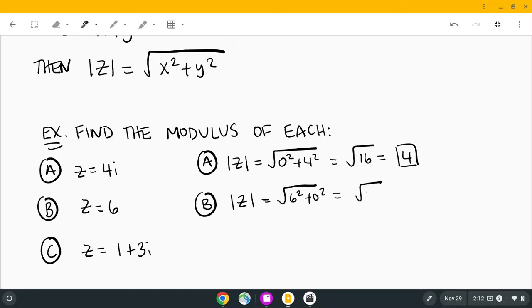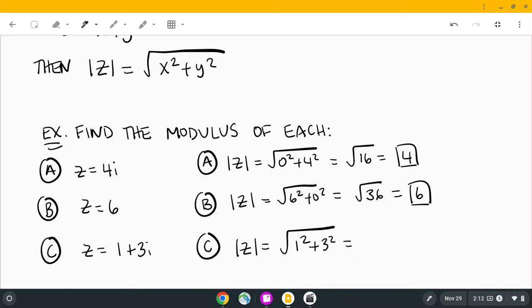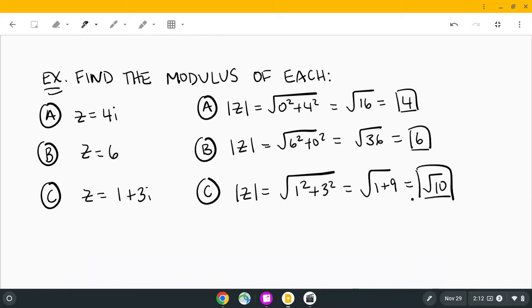So that's going to be the square root of 36, which is 6. And then C, the modulus of z, is going to be the square root of 1 squared plus 3 squared. That's going to be 1 plus 9, which is square root 10. Okay? All right, so that's the modulus.